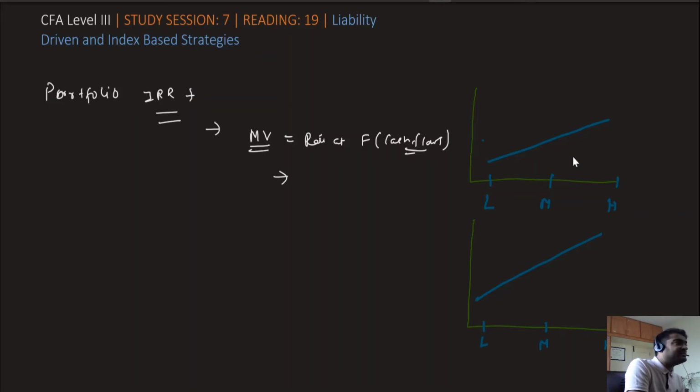And it is important to remember, and this is the theme I was talking about, that the goal of the immunized portfolio should always be to earn the initial portfolio IRR. What quite a lot of students and subject matter experts miss out is they try to match or earn the average YTM of the bonds.